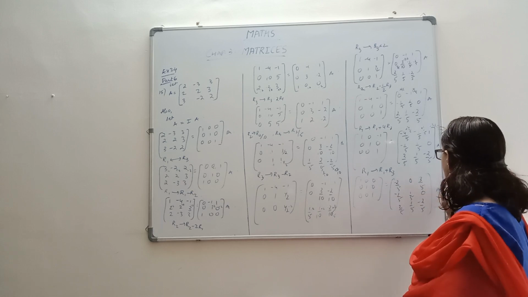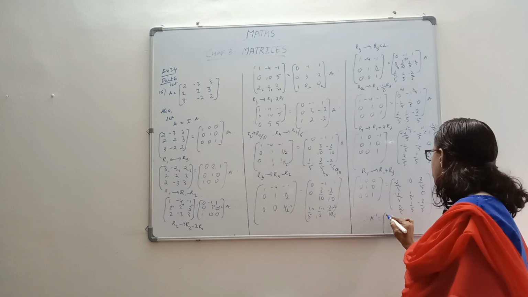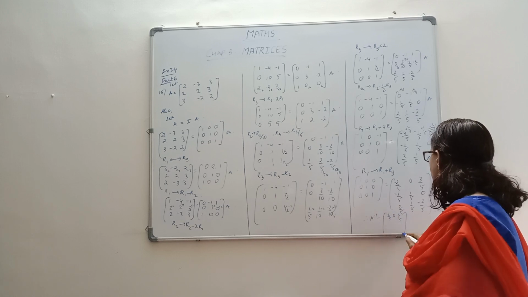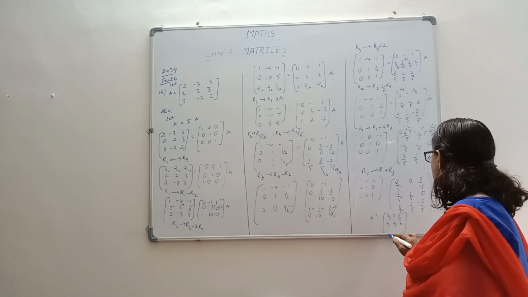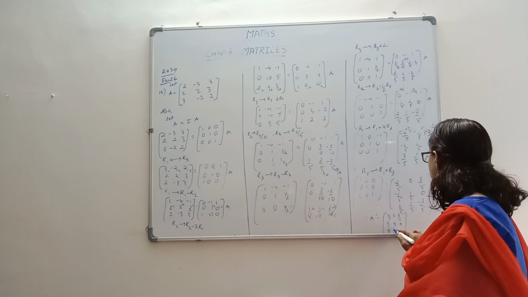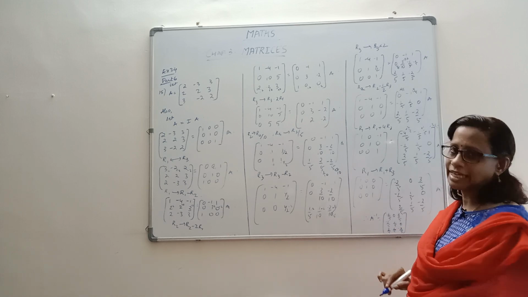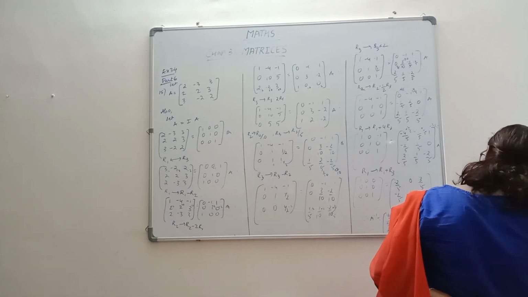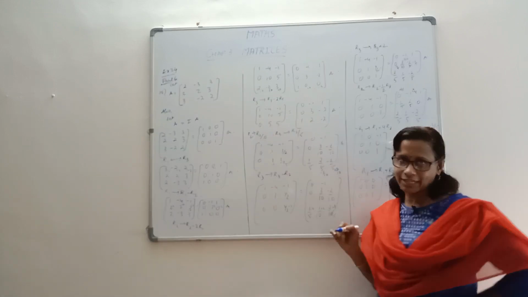So, clearly your A inverse is minus 2 by 5, 0, 3 by 5, minus 1 by 5, 1 by 5, 0, 2 by 5, 1 by 5, minus 2 by 5. That is your inverse. We'll check once again. That's it. So that is your A inverse.